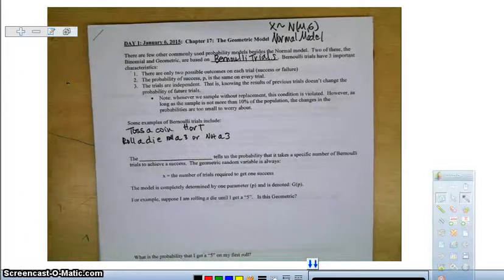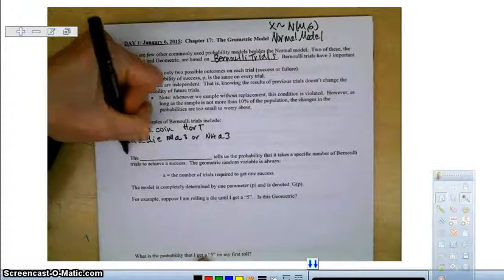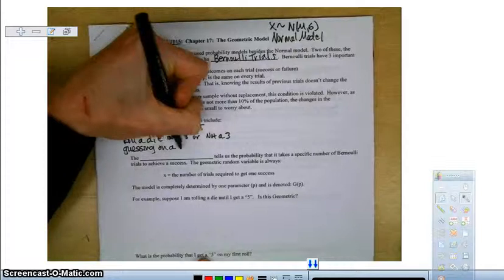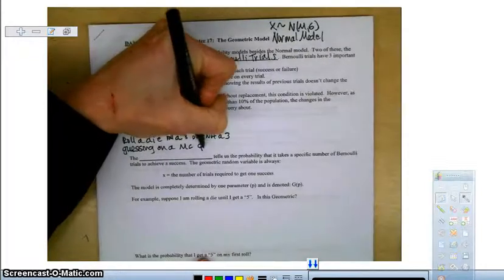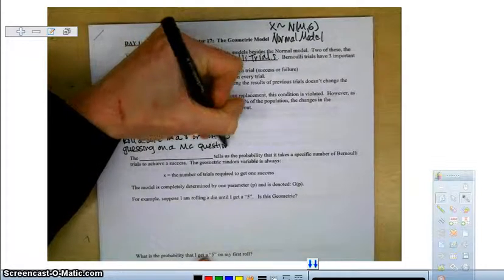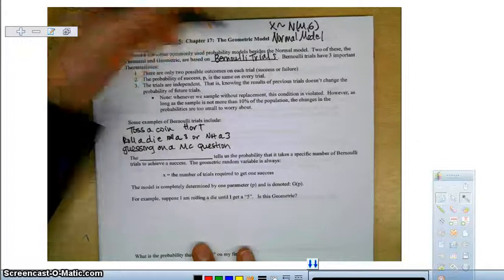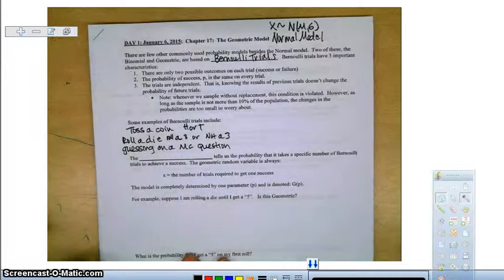You get a 3, that's a success. Not a 3, that's a failure. Guessing on a multiple choice question or quiz. All right, so those are just some basic examples of Bernoulli trials.